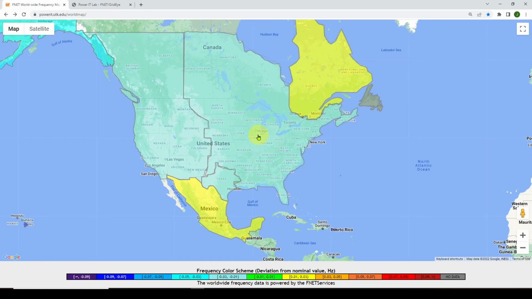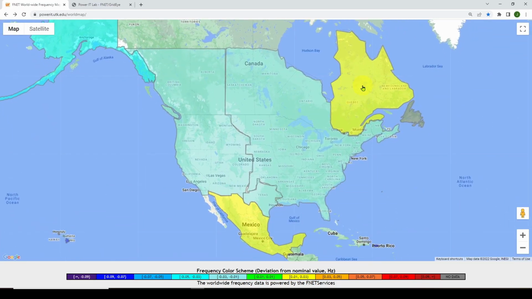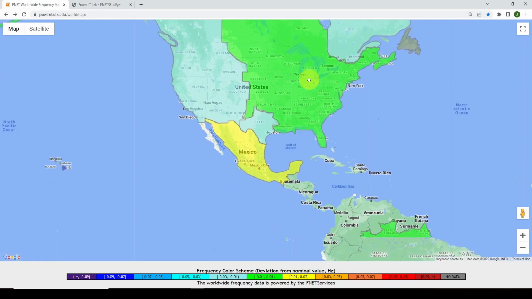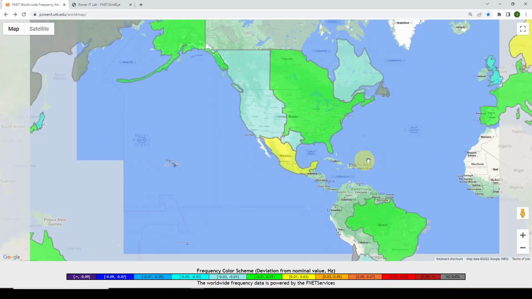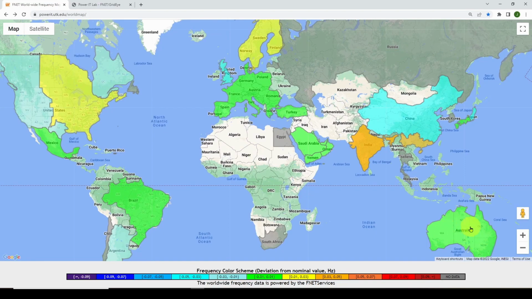So there's a grid in the eastern, grid in the western, there's Texas, and up in Alaska, there is a separate grid in Alaska. And you can see Canada is tied to parts of the US, and Quebec has its own grid, and then Mexico has its own grid. And if you look around the world, you can see Australia, of course, is an island, it's got its own grid.